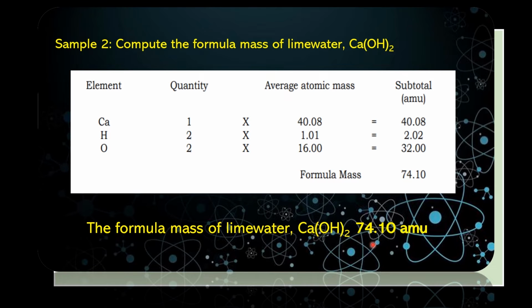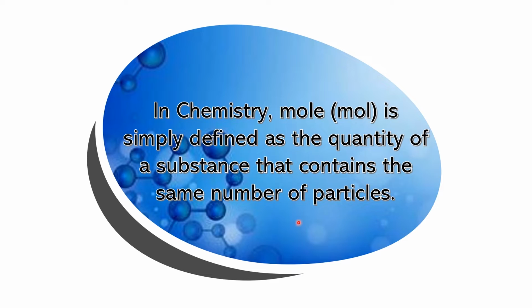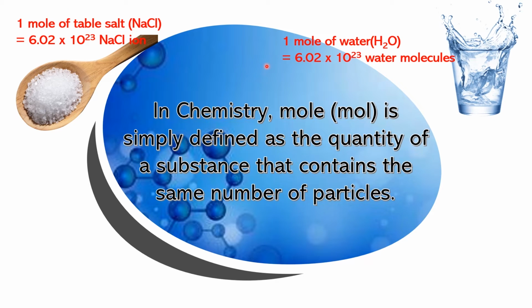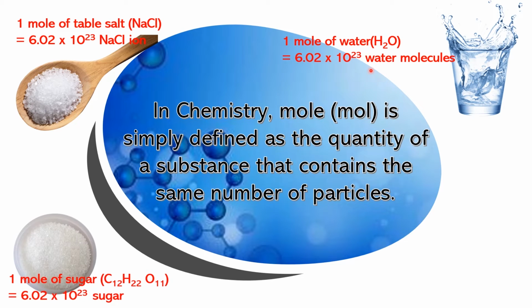In chemistry, mole is simply defined as the quantity of a substance that contains the same number of particles. For example, 1 mole of table salt or NaCl is equal to 6.02 times 10 to the 23rd power of NaCl ion. Next is 1 mole of water is equal to 6.02 times 10 raised to the 23rd power water molecules.